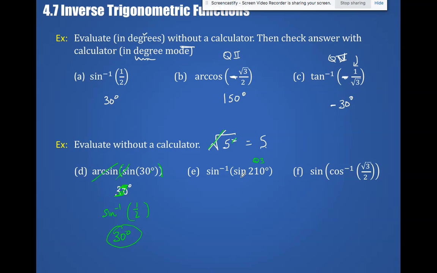I have no restrictions on regular sine, right? So the sine of 210, the reference angle is 30, so it is 1/2, but negative. But what is the inverse sine of negative 1/2? Can't be in quadrant 3 because of where I'm defined.